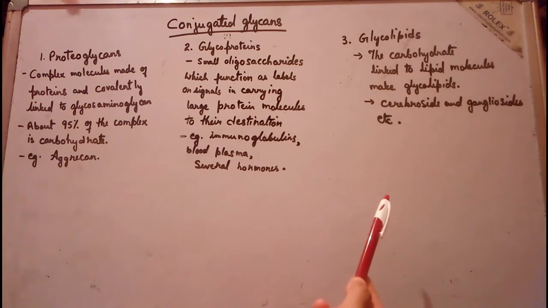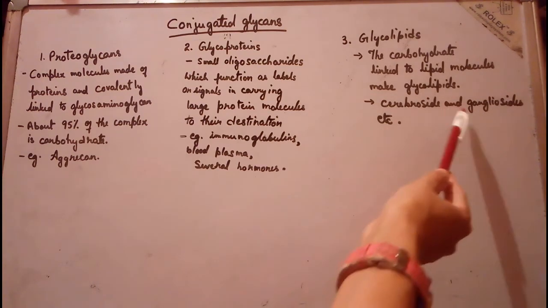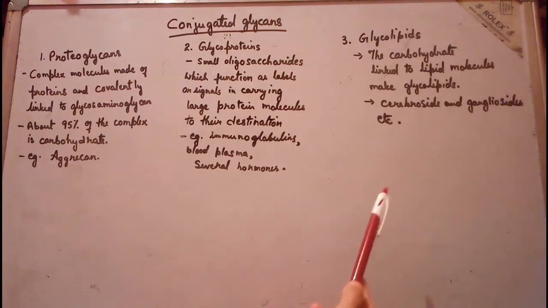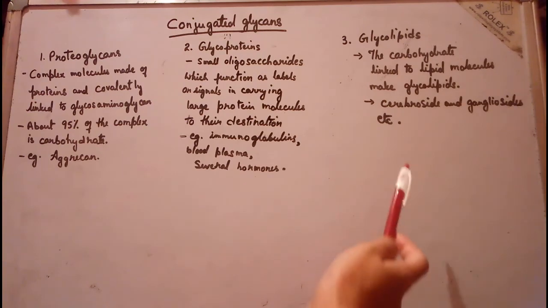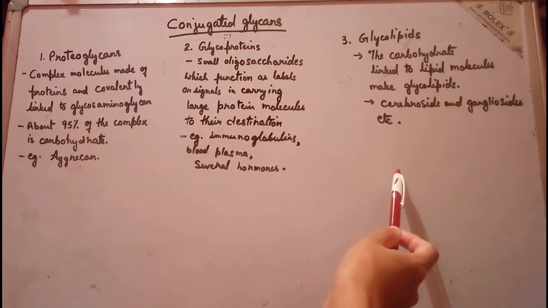Another example is the gangliosides. Gangliosides are more complex glycolipids compared to the cerebrosides because they contain a branched chain of about 7 sugar residues.